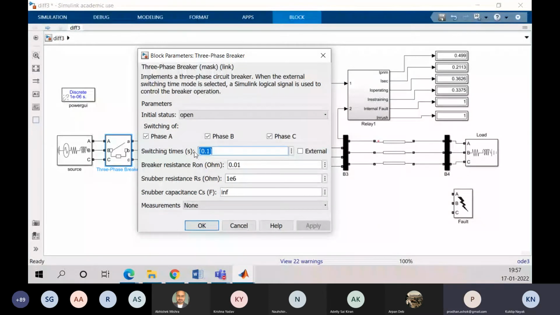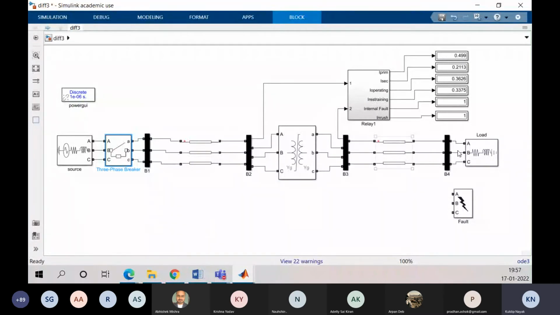Okay, fine. So here, this is a case of inrush, and as the differential current is high, it is detected as an internal fault also. But as the inrush status is 1, the tripping is blocked. Friends, as I mentioned, whenever inrush happens, the differential current will be high, so it will be above the trip characteristic.